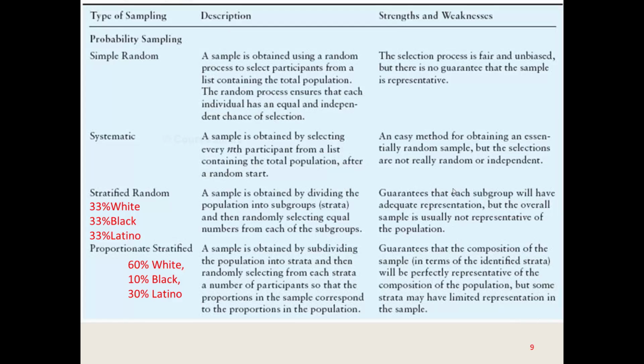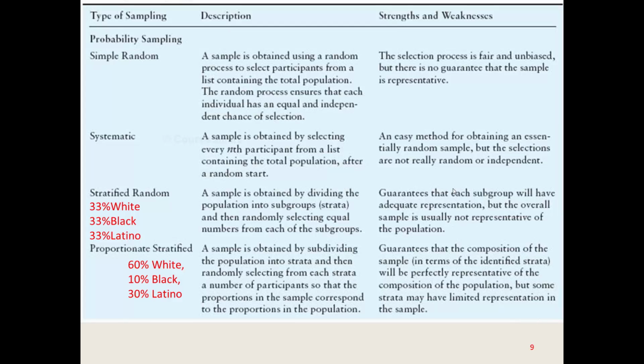The other method is stratified random. We use this method when we want to make sure that we have enough participants from each group, because if you do random sampling, you may not get enough Latino or enough black students in your sample. So you want to make sure that we have an equal percentage of white and black and Latino students in your sample.